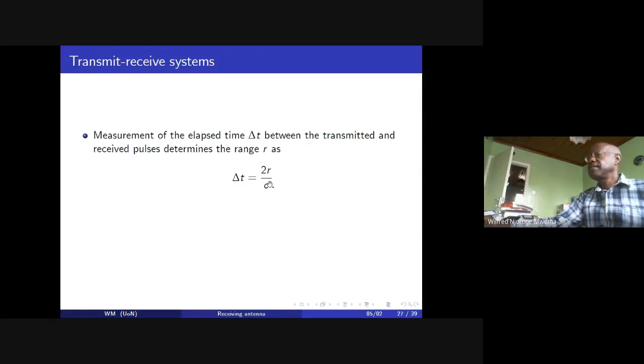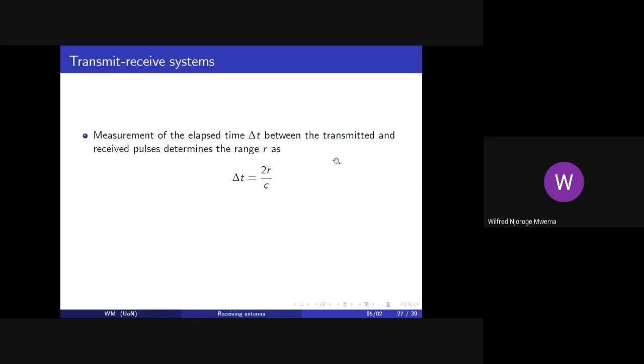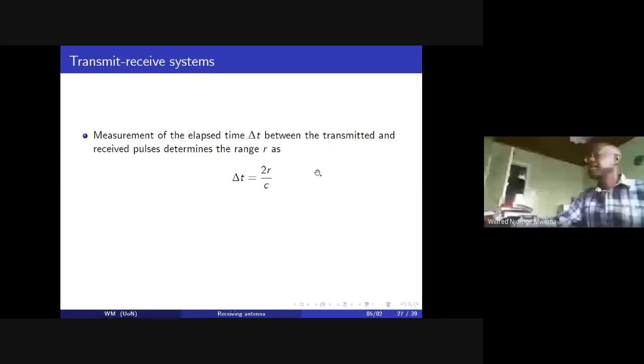And this is usually given as delta t equal to the two-way path, that is one for going to the object and one for returning to the same position where you are measuring, divided by the speed of light in the medium intervening between the receiver and the object returning the echo.